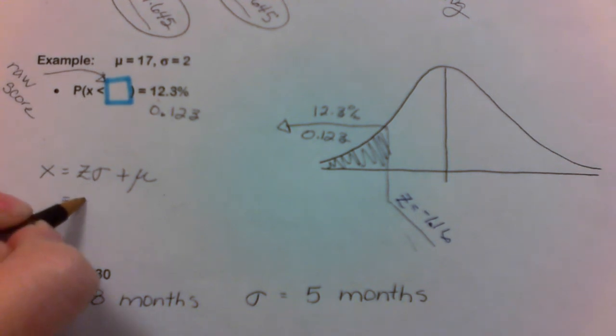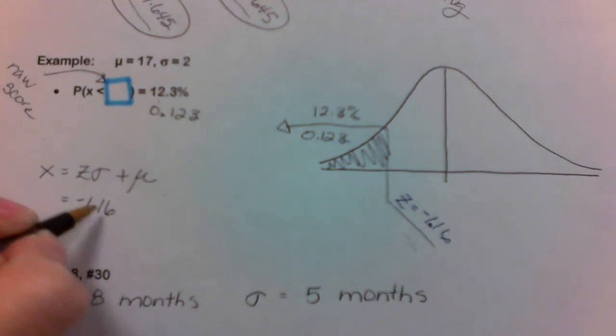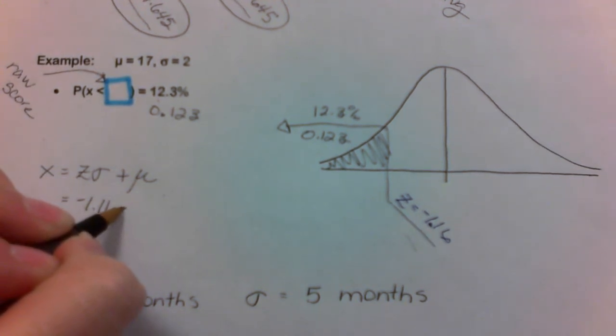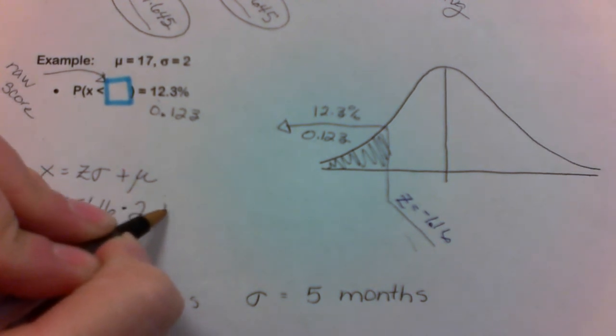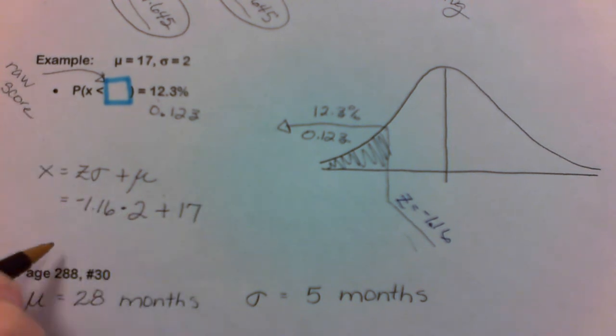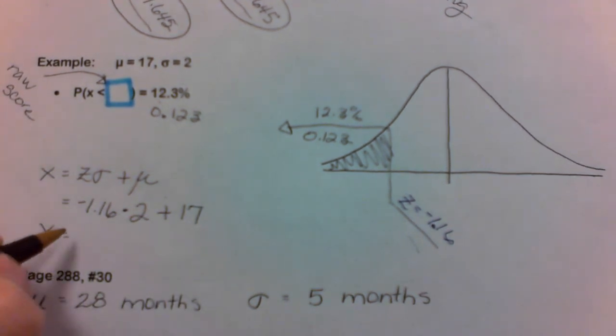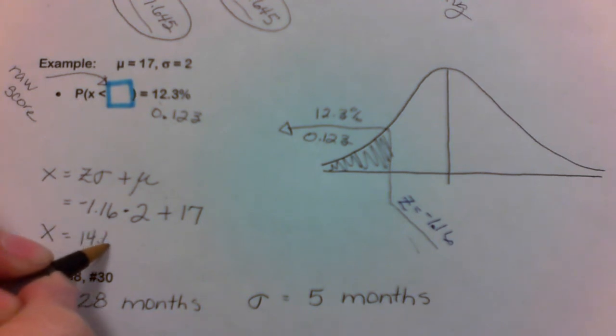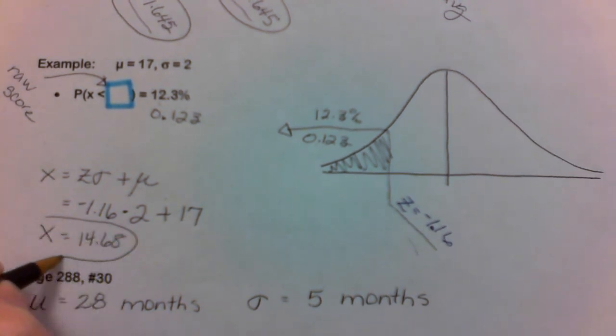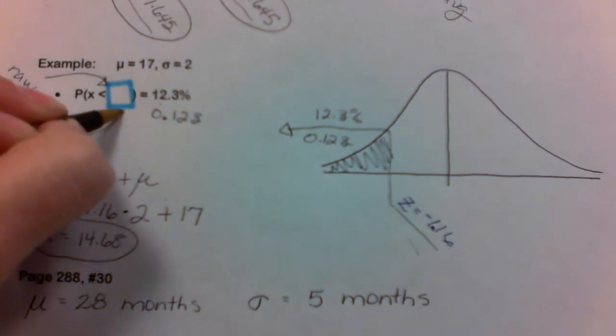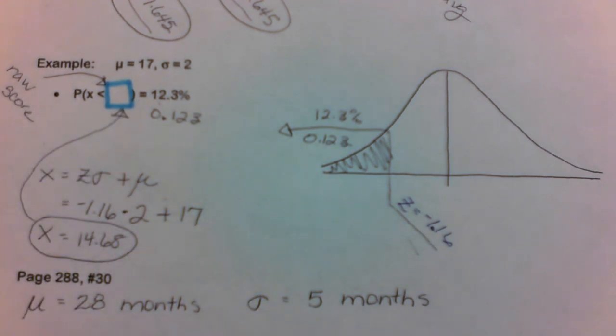So we're going to take negative 1.16, the z that we found. We're going to multiply that times sigma, which was given as 2, plus mu, which was given as 17. So when I put that into my calculator, I get 14.68. So that x value is what we were looking for.